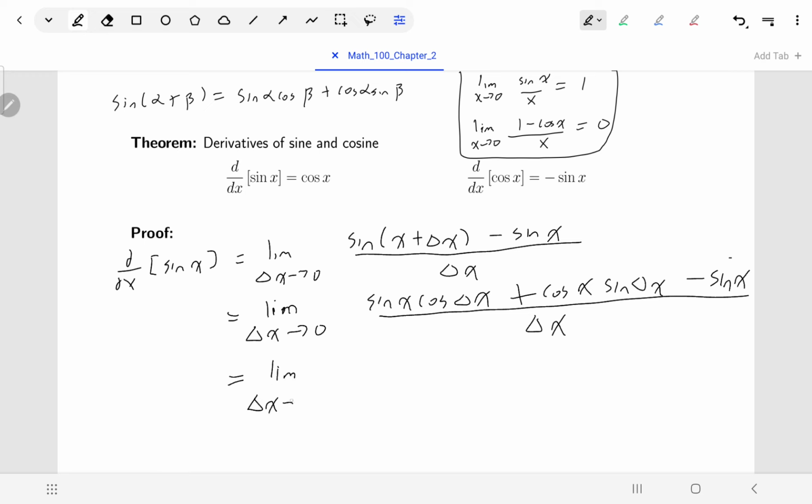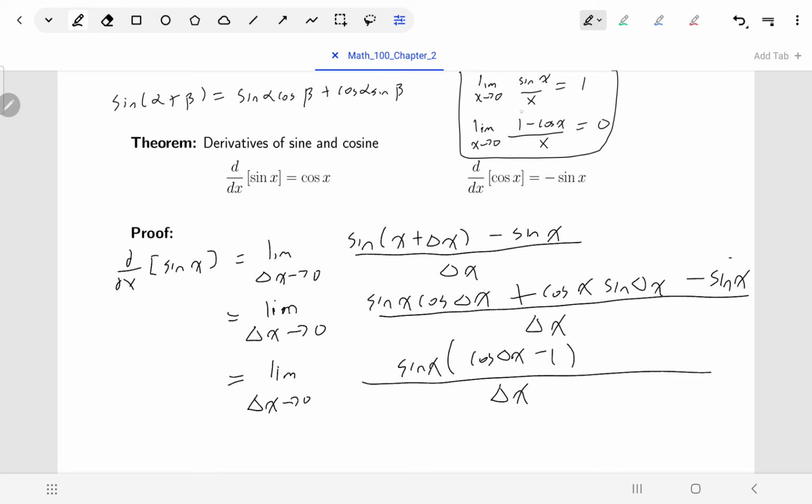First, I'm going to take the two terms in the numerator that involve sine x. The first term is sine x times cosine of delta x, and the other is a minus sine x. If I took out a sine x from both terms, that would leave a cosine of delta x and a minus 1, which is not quite what I want.